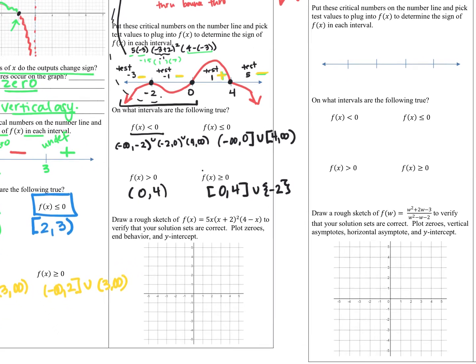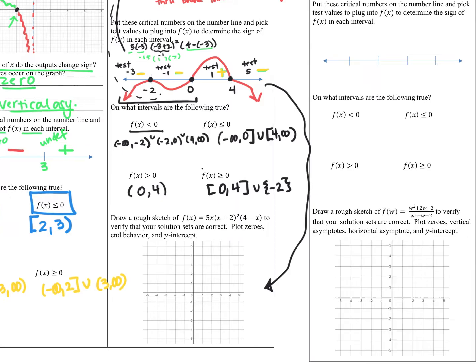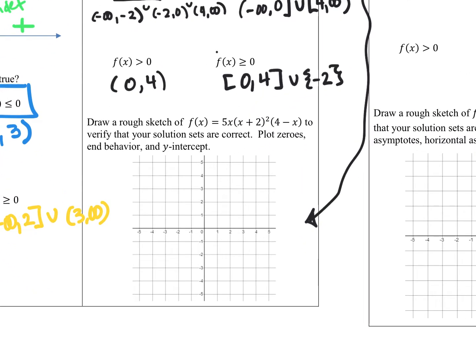Okay, and I guess I was a little ahead of myself because I wanted to show you that sketch. But if we put it down in here, continuing on our rough sketch, we know it says to plot the zeros. We already know them. They were at 0, negative 2, positive 4. And our end behavior we know was already both pointing downward. And our y-intercept, well, we get that by plugging a 0 in.